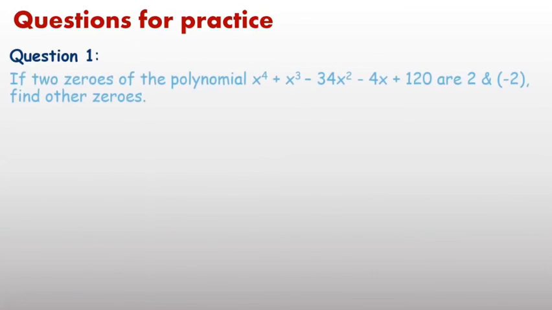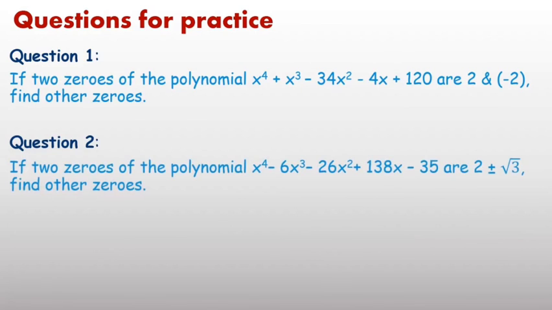Now some questions for practice. First question, 2 zeros of a polynomial are given as 2 and minus 2. Find the other 2 zeros. In question number 2, again the same process, 2 zeros are given as 2 plus root 3 and 2 minus root 3. You have to find the other 2 zeros.